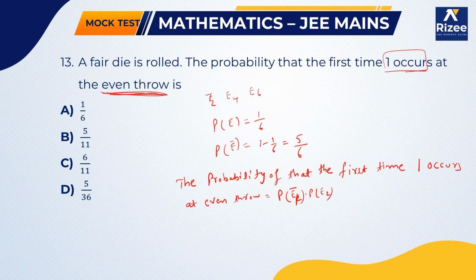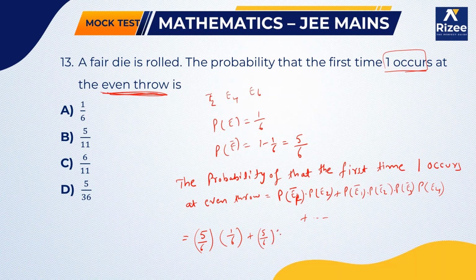Second chance means even though 1 occurs, probability of E1 bar into probability of E2. Next, in the first chance I am not getting 1, second chance I am also not getting 1, third chance also I am not getting 1, and the last, E4, I am getting 1. And like this, we can substitute P of E1 bar, how much? The complement, 5 by 6, into probability of E2 getting the event, 1 by 6, then 5 by 6 whole cube into 1 by 6.